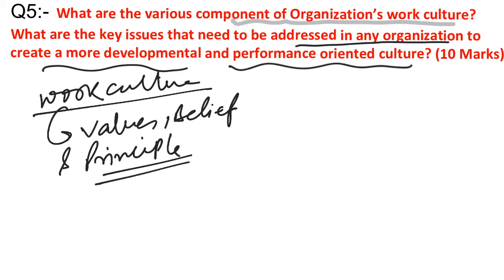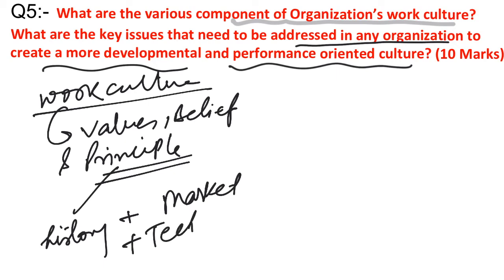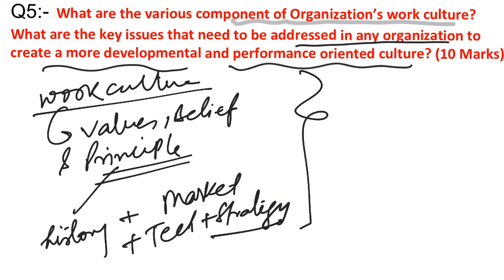It is also a product of history, for example Tata, and also a product of market, technology, business strategy, marketing strategy. Everything is part of the work culture. So by introducing the meaning of work culture, the next part is the components of work culture.